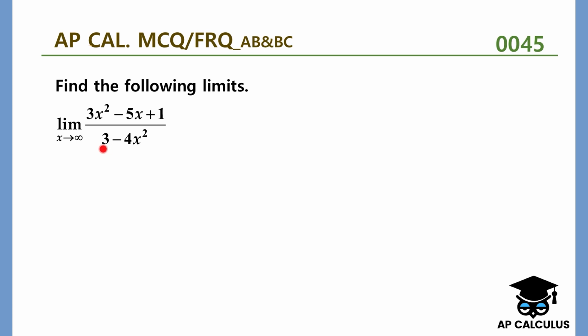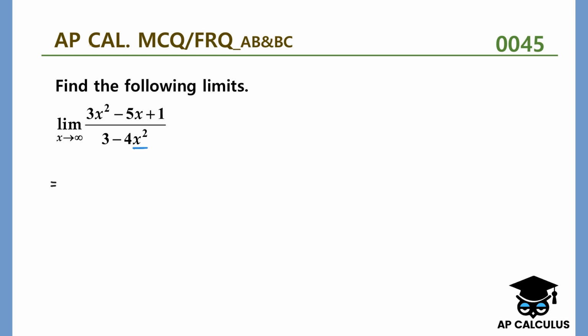The constant is degree 0, and here we have negative 4x squared, which is degree 2. So the highest degree in this denominator is 2.